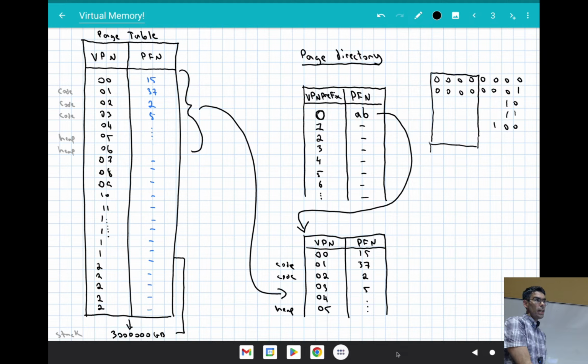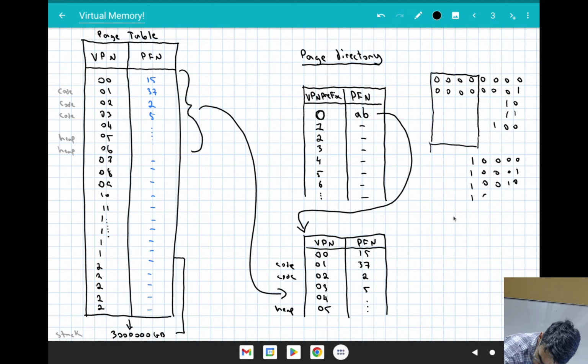If they're not actually allocated by the process, so if we get down to the pages that start with a prefix of 1, if those ones are not actually allocated, we're just going to put a dash in our page directory entry to say this is not allocated by the process. Any address that starts with this prefix is not allocated.